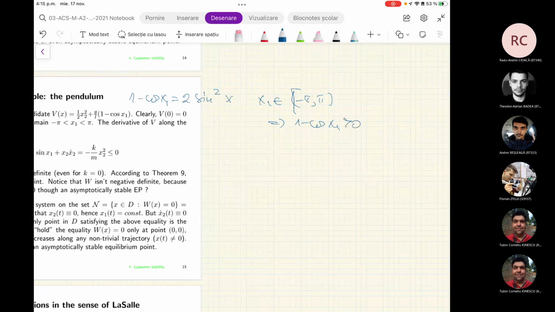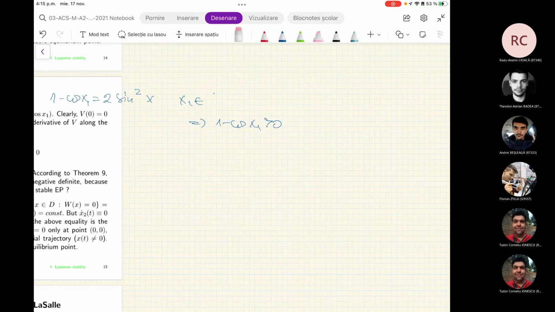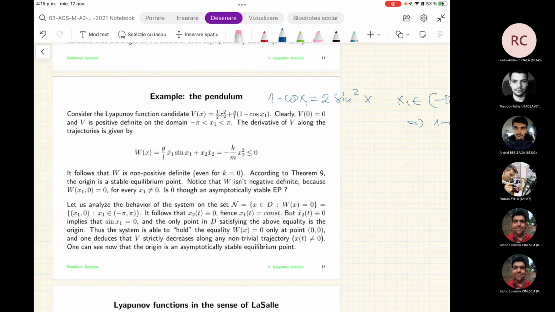So this is positive definite. V0 is 0. That makes sense because cosine in 0 is 1, and 1 minus 1 is 0. So this is true. And V is positive definite on this domain.